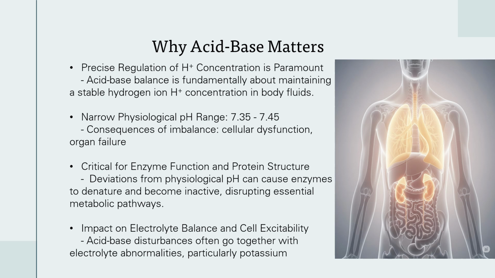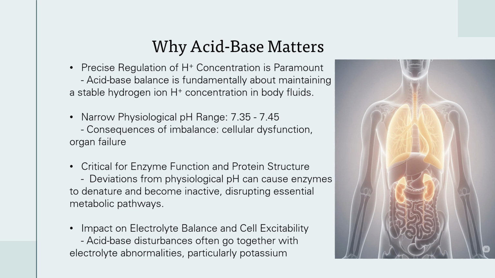In other words, there has to be a range of hydrogen ion concentration that will not be derailed or disrupted because of certain physiological conditions or external conditions that will affect the body's pH. So pH, as you know, is inversely proportional to the hydrogen ion concentration.